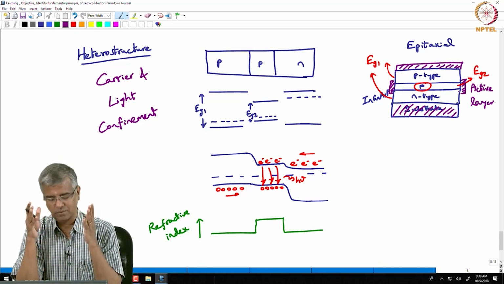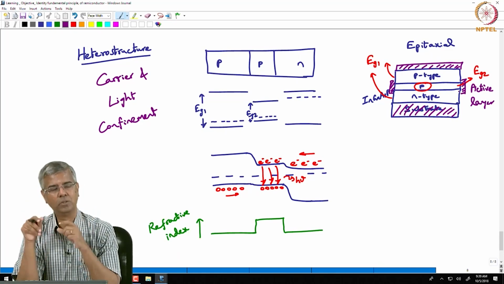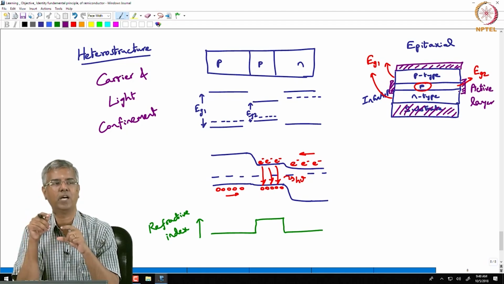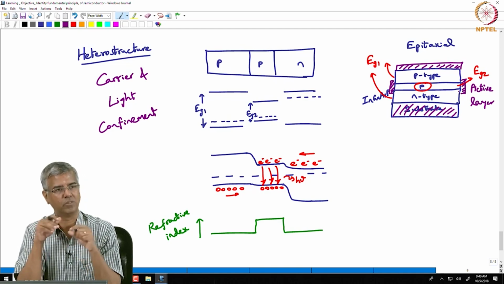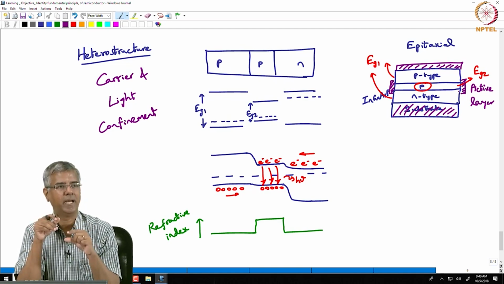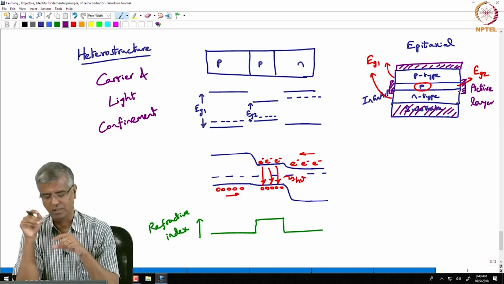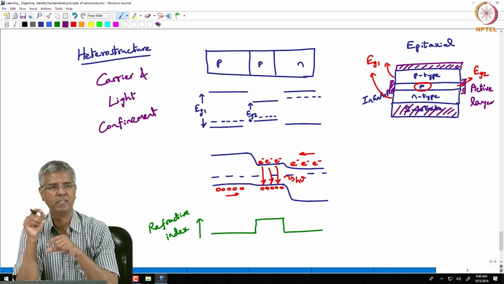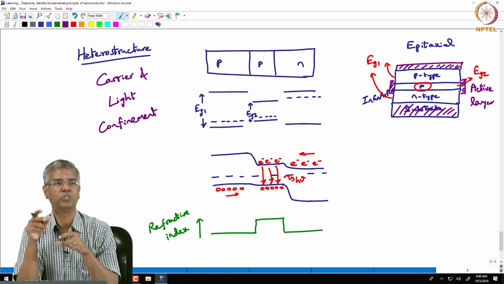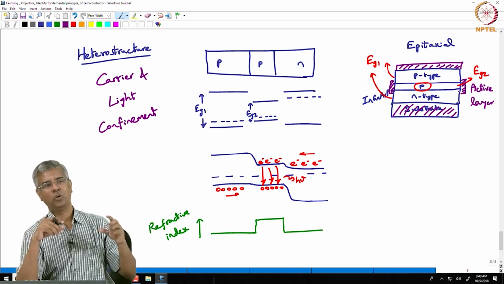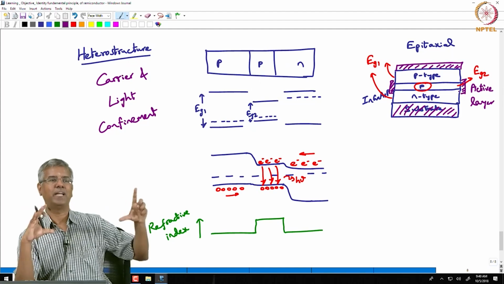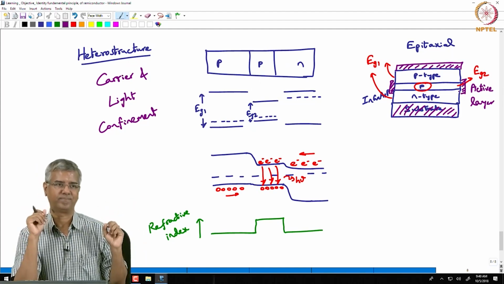And so, you start with that requirement. You say I want to emit around 1.5 microns, you find a band gap that corresponds to 1.5 microns for your central active region, and you alter the doping so that on either side the band gap energy is larger.